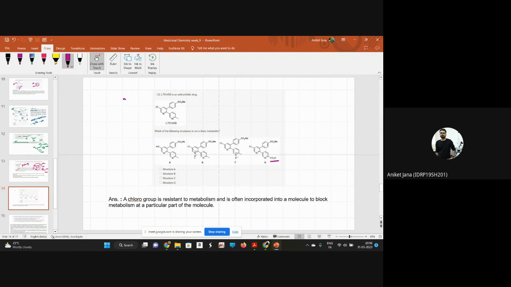Okay, so comparing the other structures, in structures B and C only N oxide formation takes place, right?